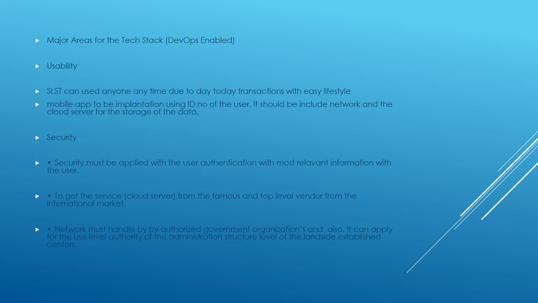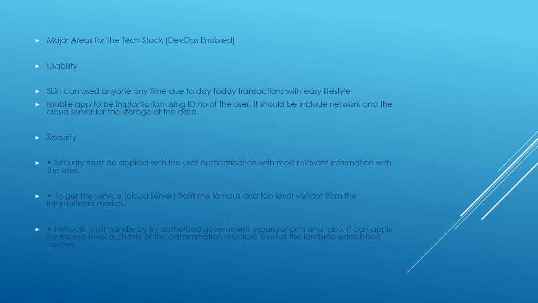And we have to get the service. It means a cloud server from the famous top-level vendors in the international markets like AWS, Google Cloud and so on, and the network must be handled by authorized government organizations.